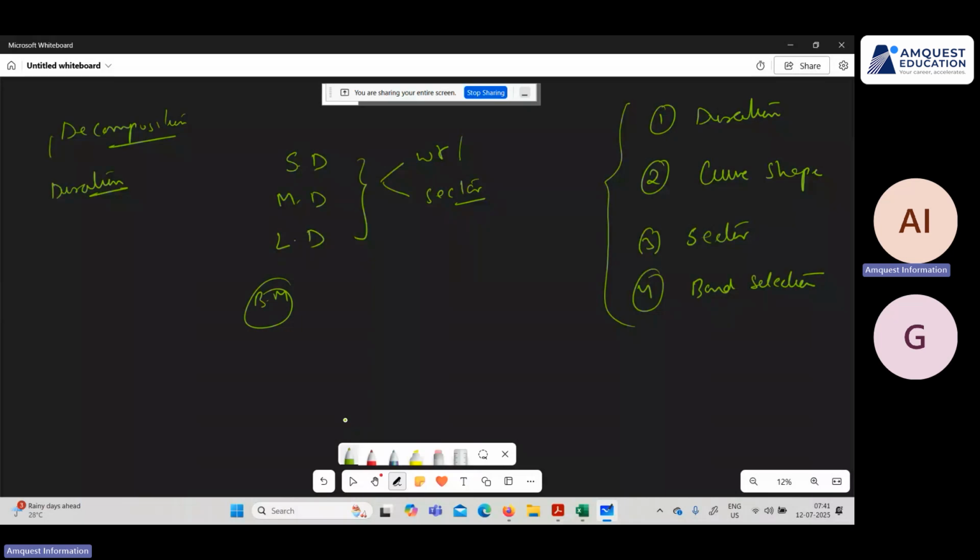So let's create buckets, and hence the name duration decomposition. I'm going to decompose my whole portfolio in terms of short duration, medium duration, and long duration, and within that sectors, govies versus corps, and then I'll do the same with the benchmark, and then I'll compare. Okay. All right. So let's see this.